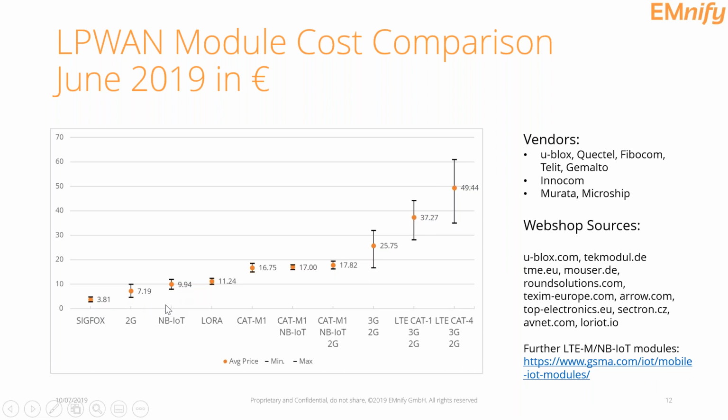So you can see narrowband is, on average, cheaper than LoRa. Cat-M is more expensive than LoRa. And for a combined Cat-M and narrowband solution, there's not a lot of difference between the two.